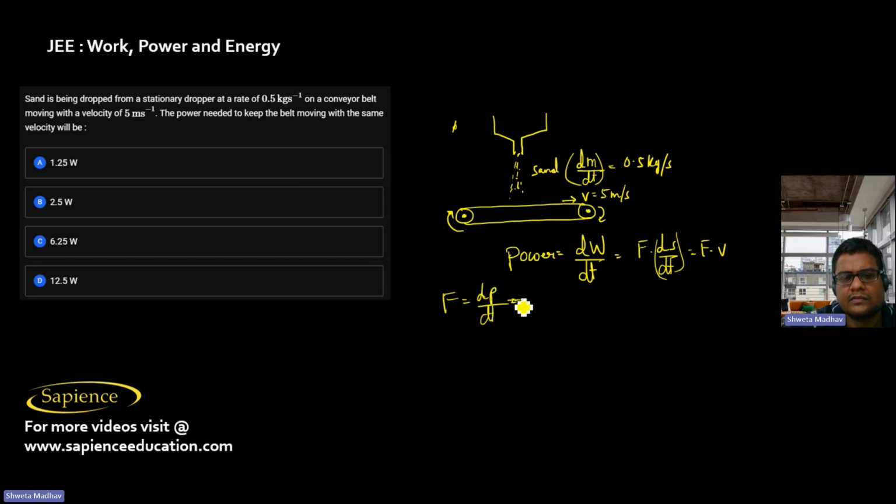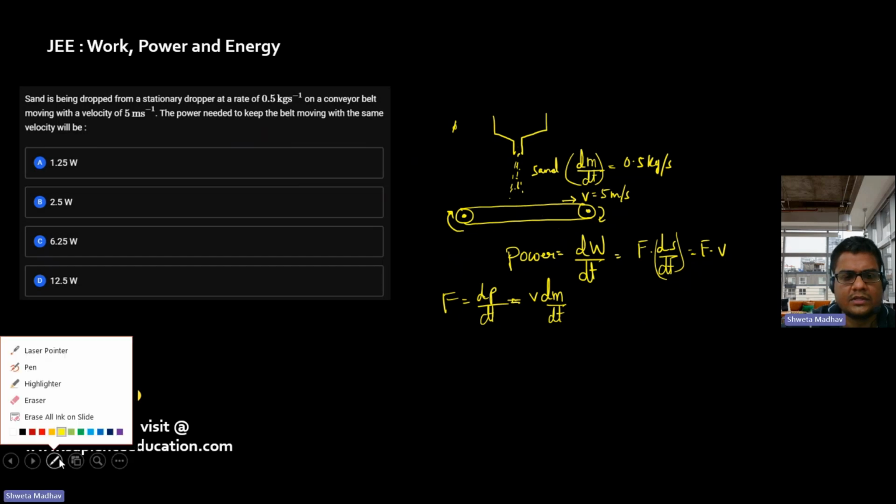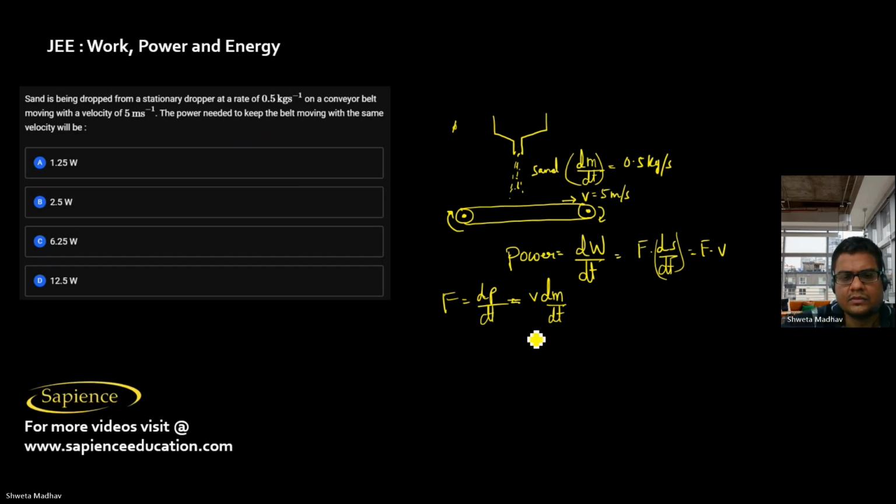So velocity is constant, so it will be v dm by dt, since your mass is getting increased. So I can say that therefore the power required is equal to dm by dt into v.